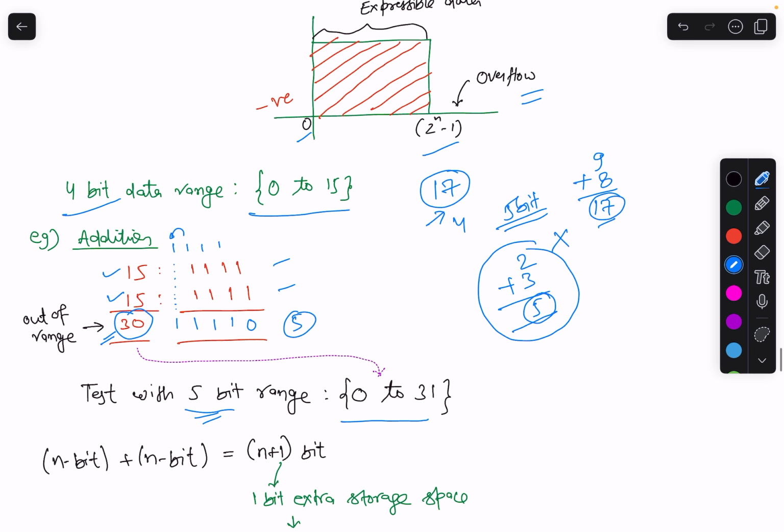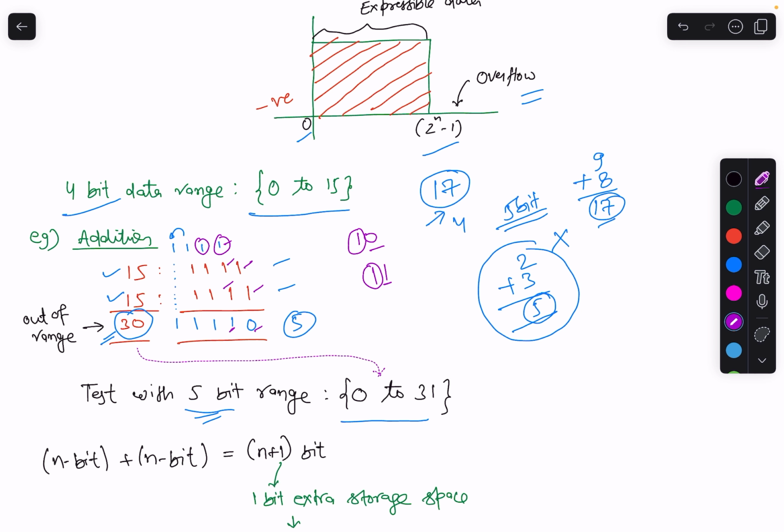Let's see how we add the binary numbers here. 1 plus 1 is 1 0. We take the 0 from here, and the 1 is a carry, so we put this 1 as carry here. Now 1 plus 1 is 1 0, plus 1 is 1 1. So we take this 1 here and take this 1 as a carry.